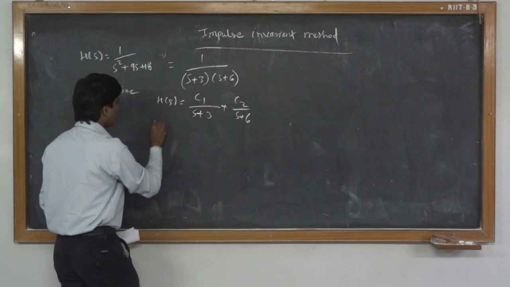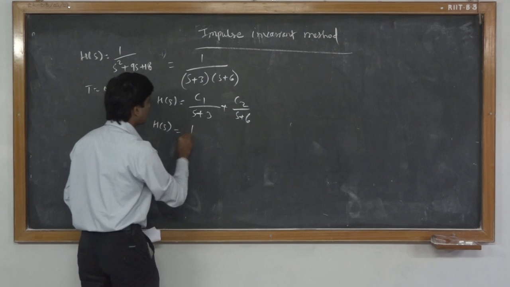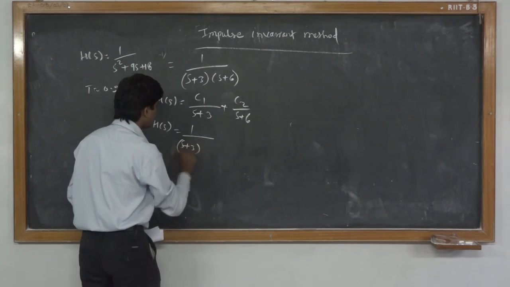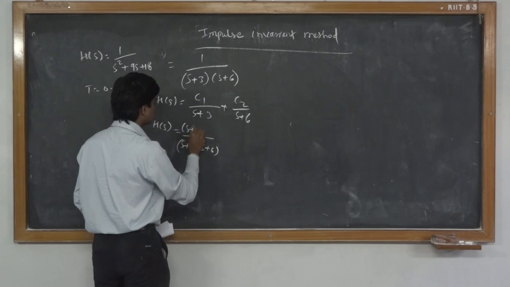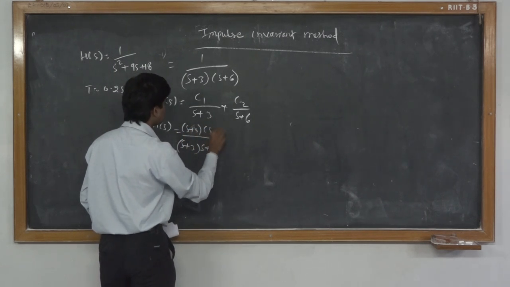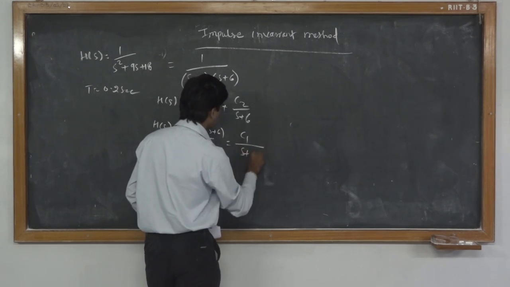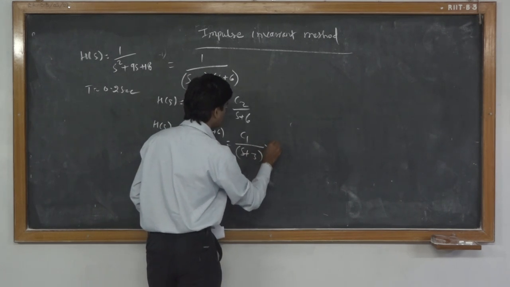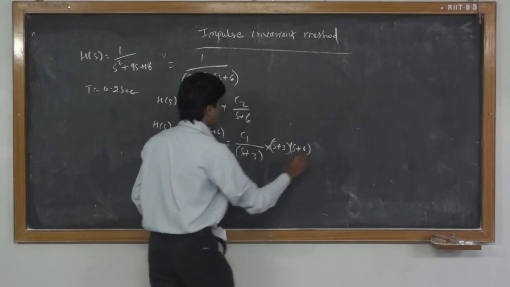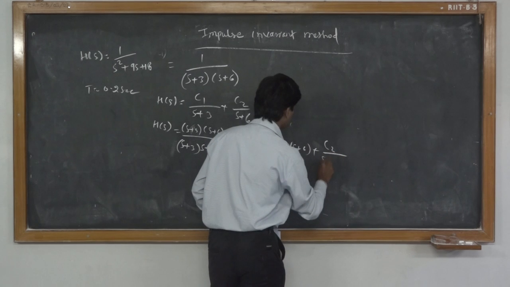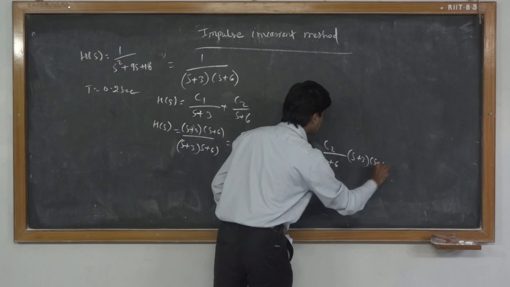So in this case, we can use a similar method. That is, H(s) equal to 1 upon s plus 3 into s plus 6. On top also it will be s plus 3 into s plus 6, which is equal to c1 upon s plus 3 into s plus 3 into s plus 6 plus c2 upon s plus 6 into s plus 3 into s plus 6.